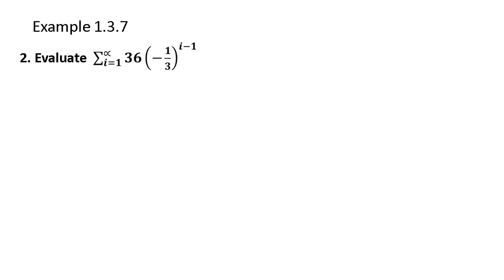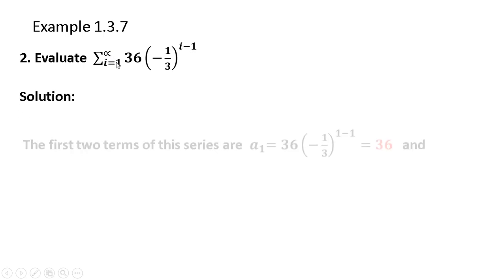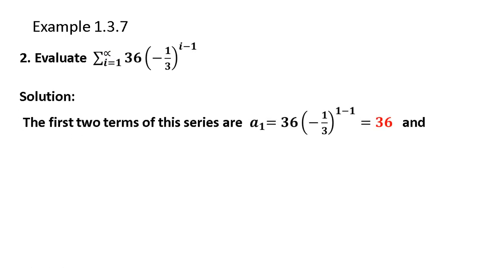Another, evaluate the summation of 36 times negative 1/3 to the power of i minus 1, where i goes from 1 to infinity. So that's why it's an infinite series. The first two terms of this series: a sub 1 equals 36 times negative 1/3 to the power of 1 minus 1. 1 minus 1 is 0.